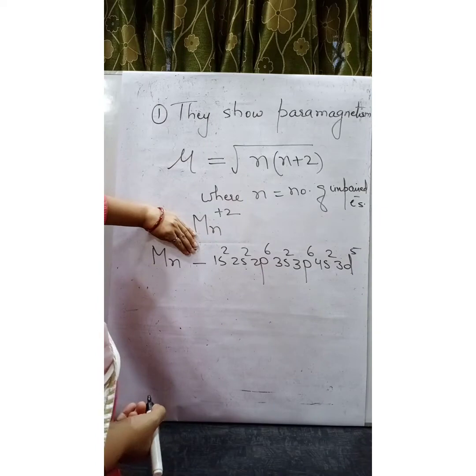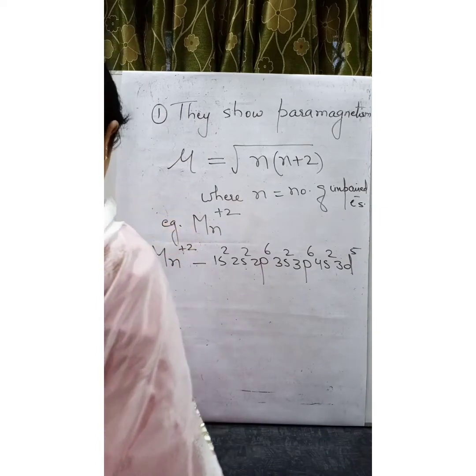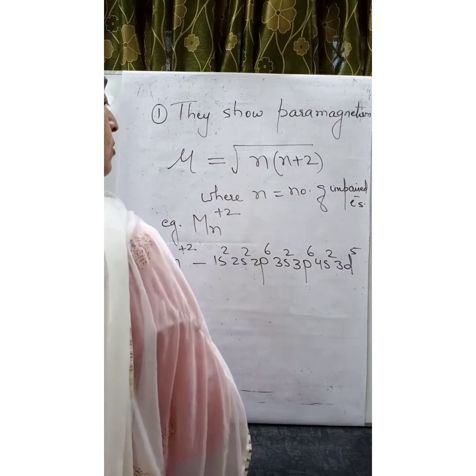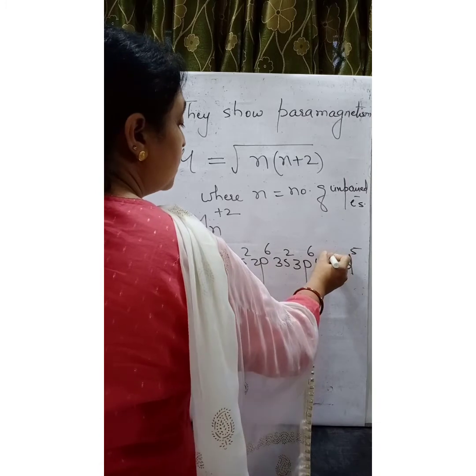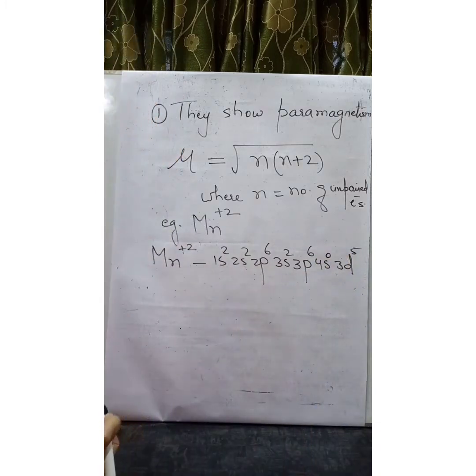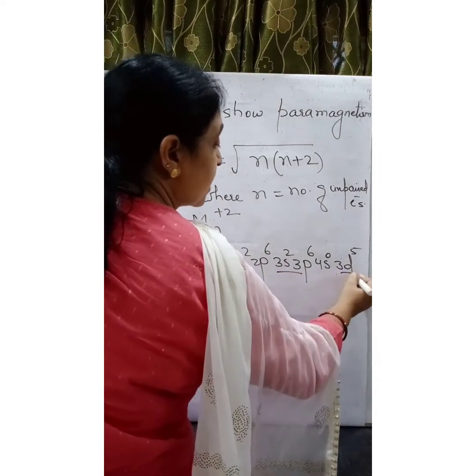As you already know, the atomic number of manganese is 25. Plus 2 means 2 electrons are lost from the outermost shell. So here the outermost shell is 4s. So the 2 electrons get lost and we get the configuration of Mn2+ as 4s0, 3d5. This is the valence shell.